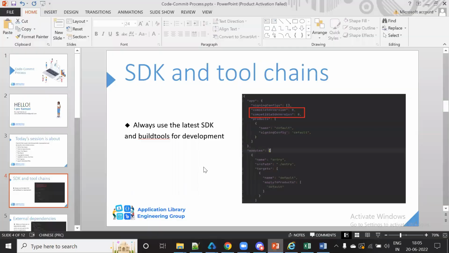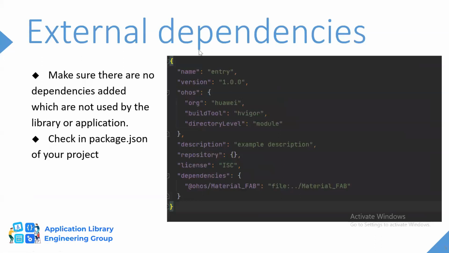The second part is the external dependencies. In case you are using any external library or external module within your library or your sample application, maybe you added it for testing a particular feature, or for reference of some sample code, and later realized it is not required for your module, then you'll have to make sure you remove it.